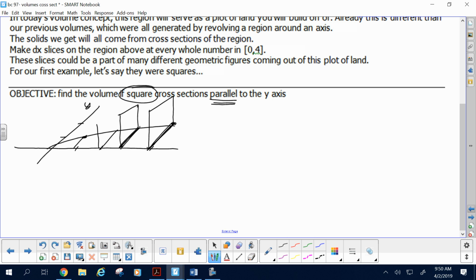And when I go down a little further, they're going to be a little less, and a little less. So all those cross sections are stacked up like a bunch of dominoes, and actually there's infinitely many in between. So if I connected all of the edges, all of those front corners, and all of those back corners, the figure might look something like that. Is that what yours looks like?